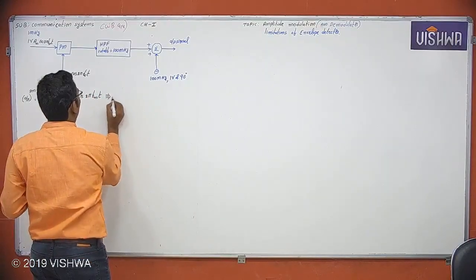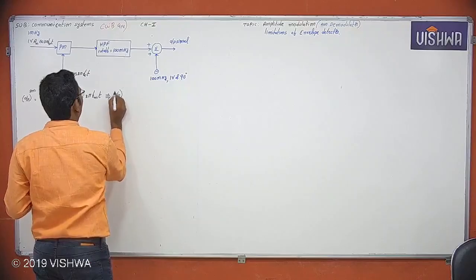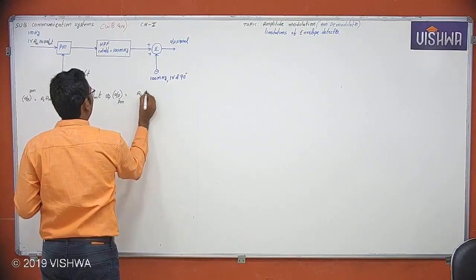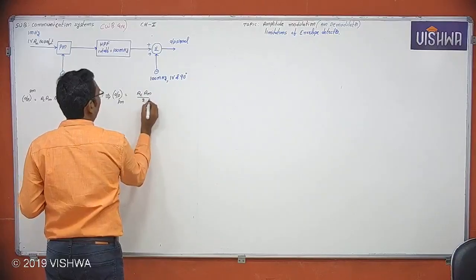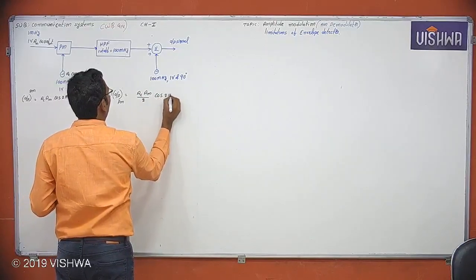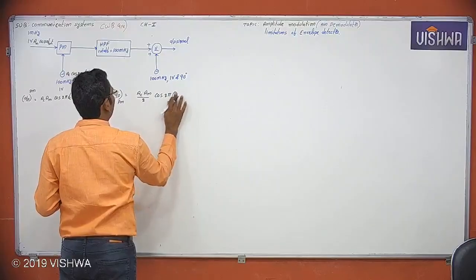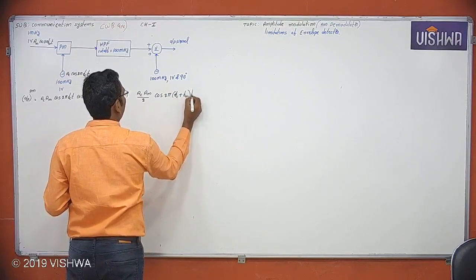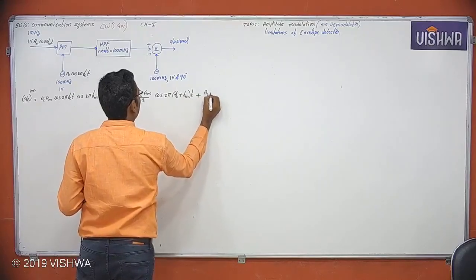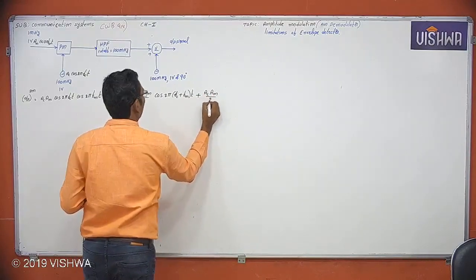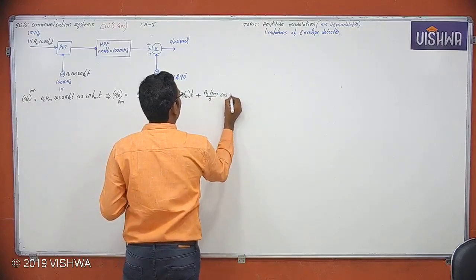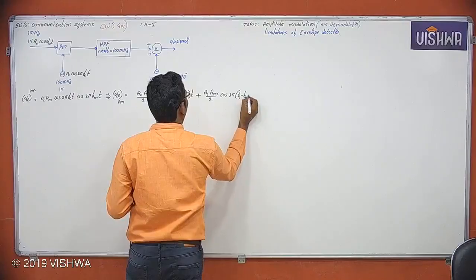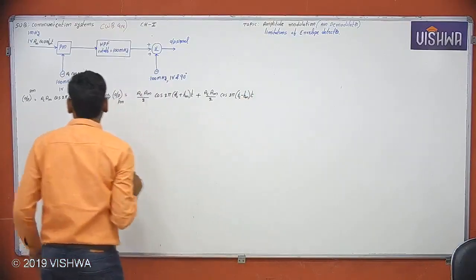Now, the output of the product modulator, can I write like this? Ac Am by 2 into, I multiplied with 2 and divided with 2, cos 2 pi (Fc plus Fm) t plus Ac Am by 2 into cos 2 pi (Fc minus Fm) t.